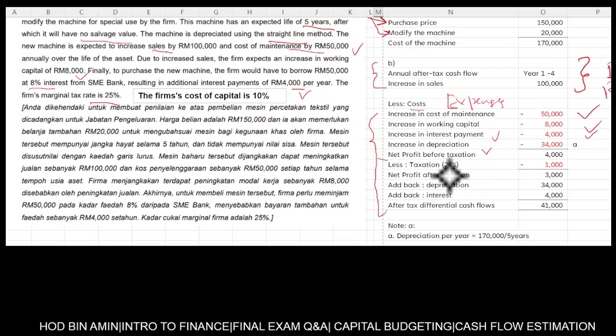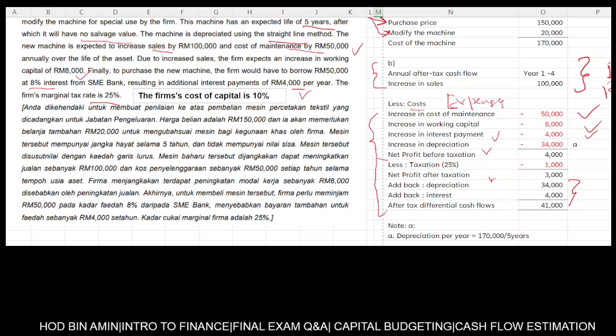This is taxation 35%. The net profit after taxation is 3,000, and these are not relevant costs. One is interest and one is depreciation. This is not cash involved.